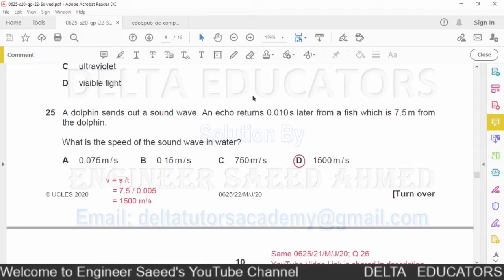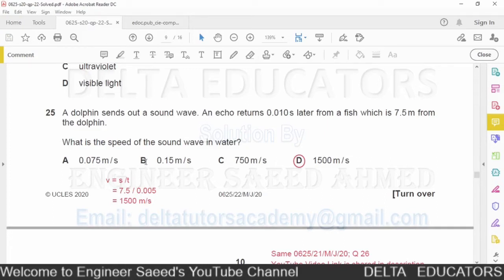So this time will be half of the given time, meaning 0.010 divided by 2, which is 0.005. So the time taken by the sound wave to travel from the dolphin to the fish is 0.005 seconds.